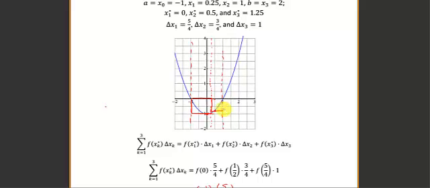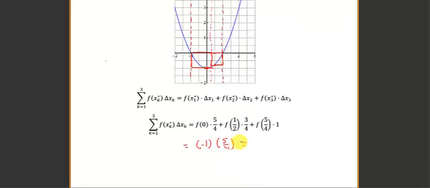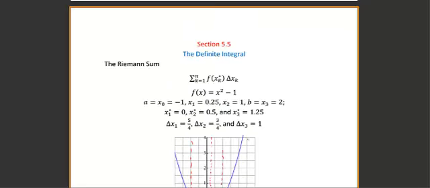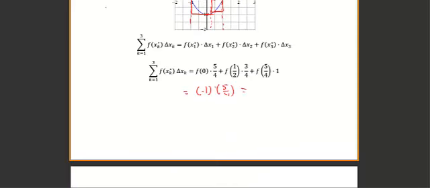I'll have a second rectangle. f of 1/2 is going to be 1/2 squared, which is 1/4, minus 1, which is negative 3/4, times 3/4 wide.